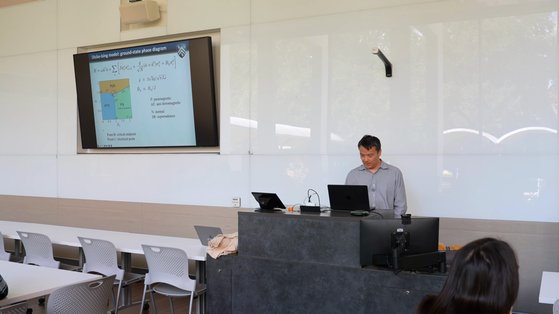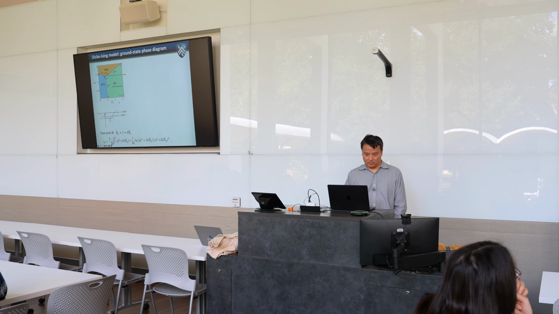And this critical endpoint has some unusual properties. Now, if we focus on the neighborhood of B, we can expand the ground state energy around B, and you can see that it cannot be written as a nice Landau power series.